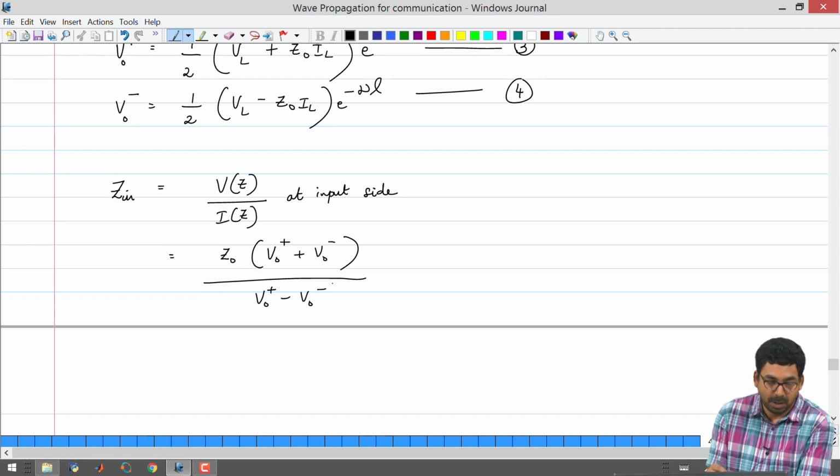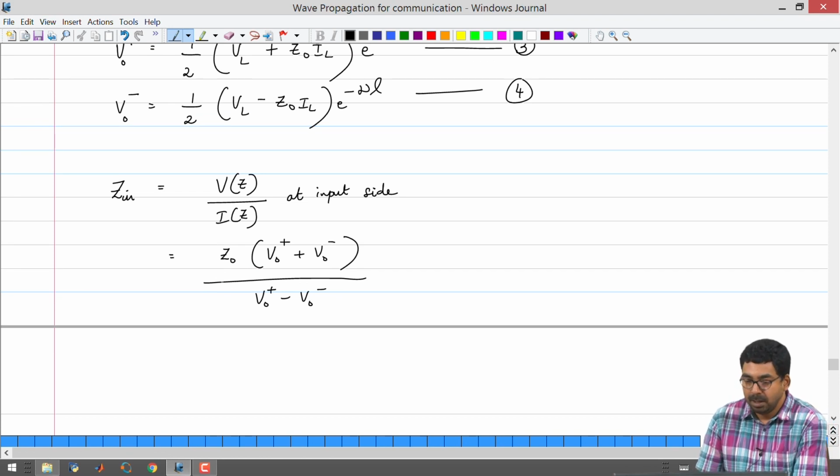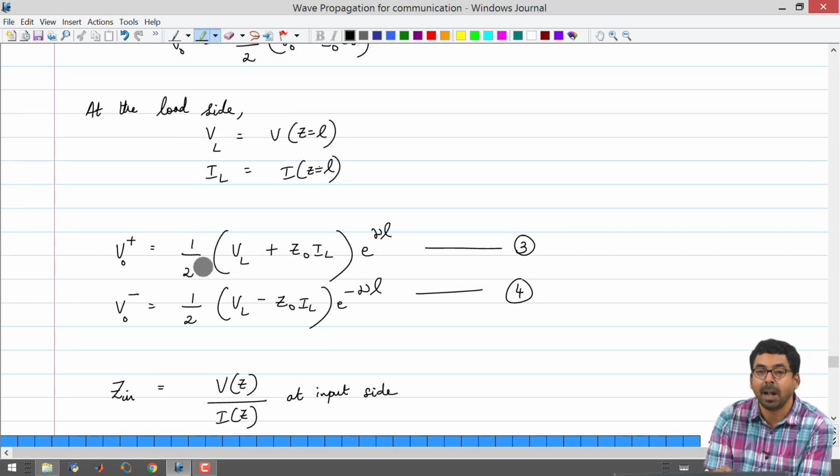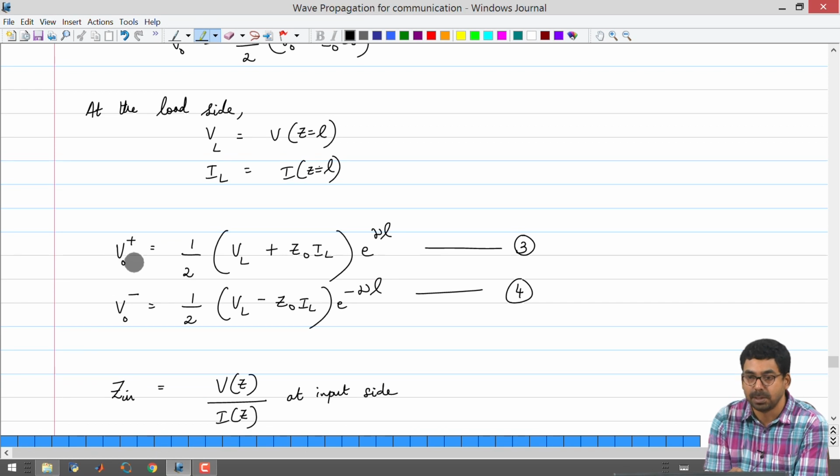However, one can also make this a little bit more elaborate. From equations 3 and 4, we are able to see that given only the load side parameters, that is, voltage at the load, current passing through your load impedance, length of the transmission line and the propagation constant, you will be able to estimate the forward voltage that was launched on the source side.